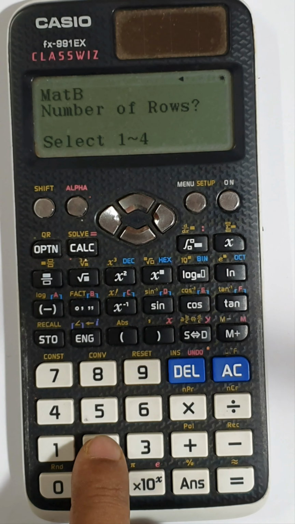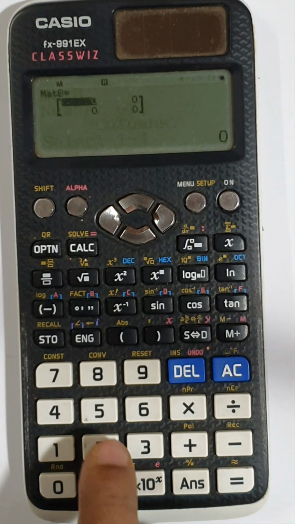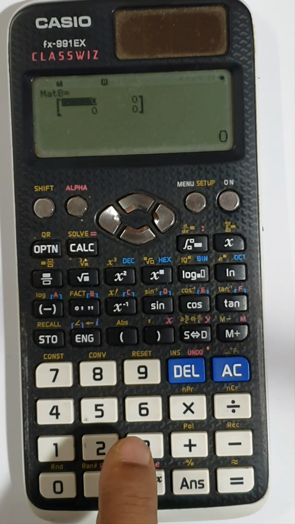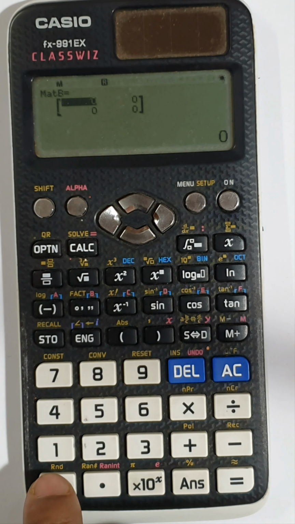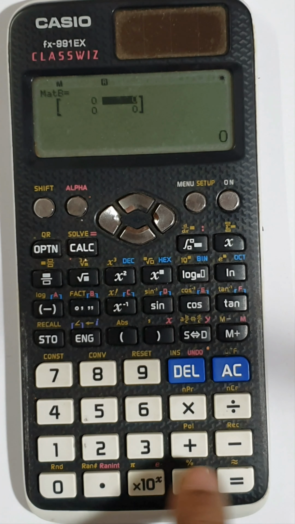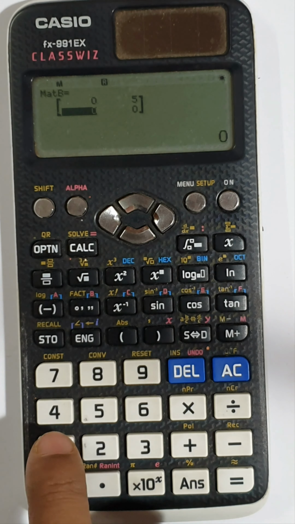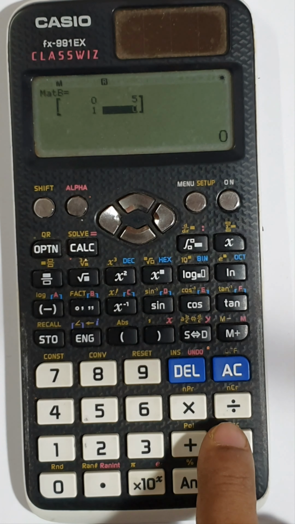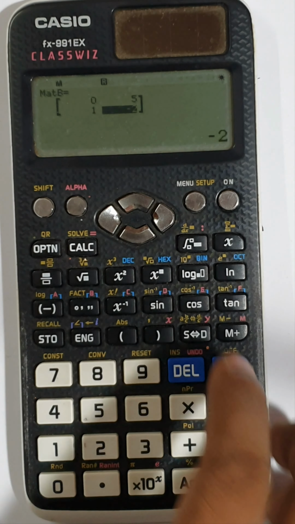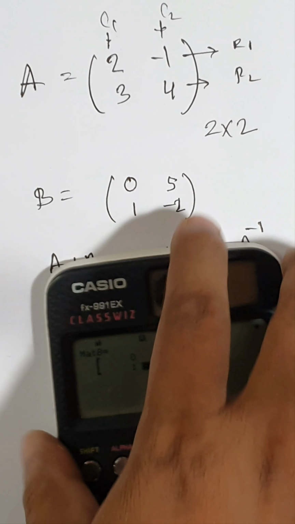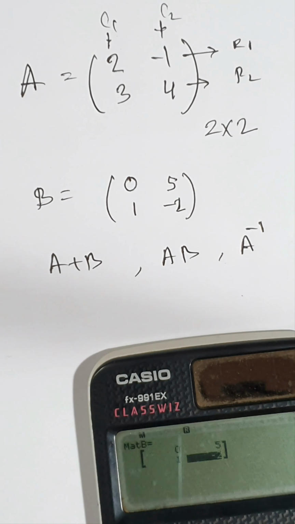So let me write 2 rows and 2 columns. Now let me enter the data: 0, then 5, then 1, then minus 2. So I have stored both A and B.